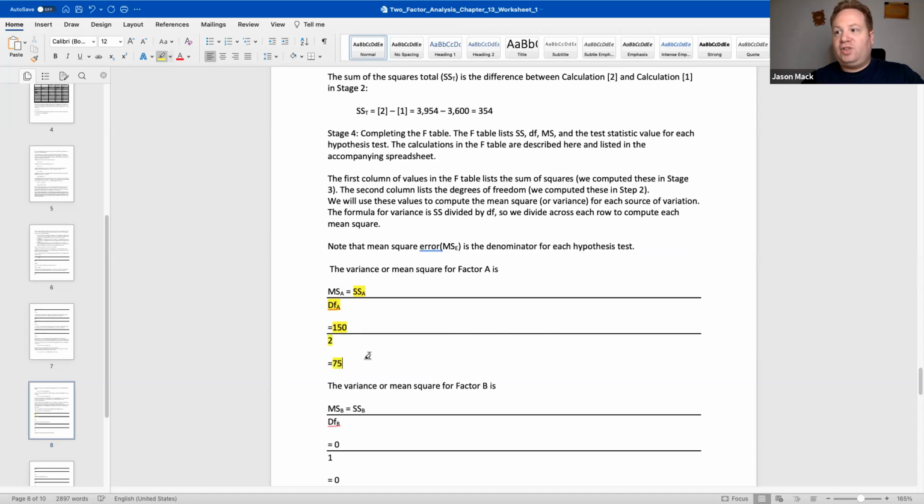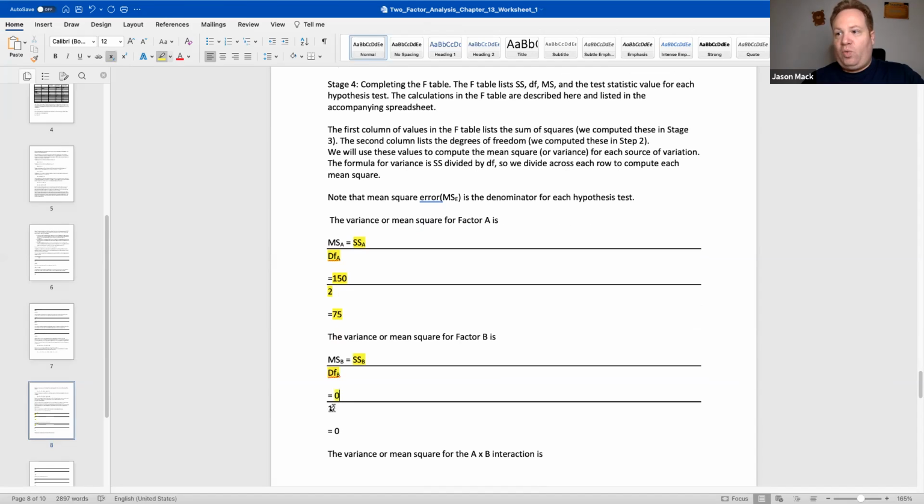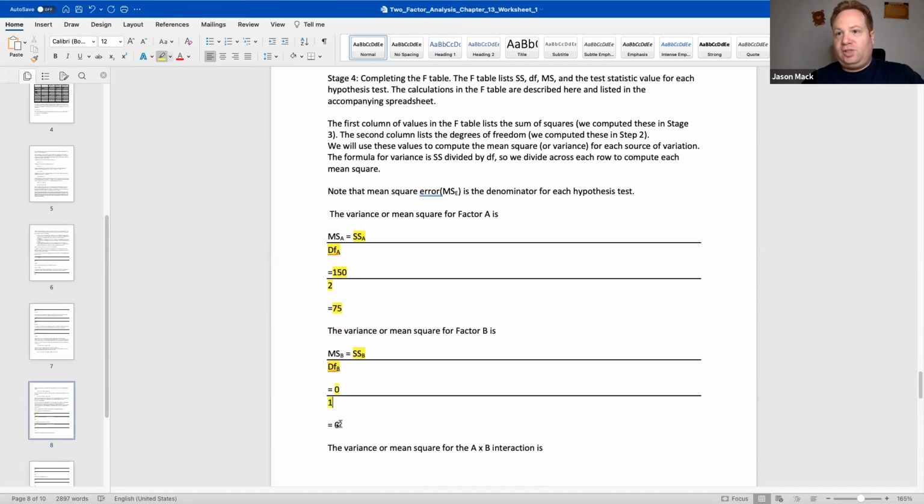The variance or mean square for factor B, the mean square B, is the sum of the squares B divided by degrees of freedom B. That is 0 divided by 1, which of course is 0.